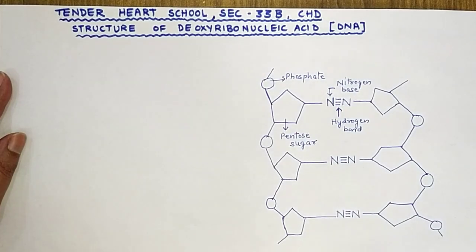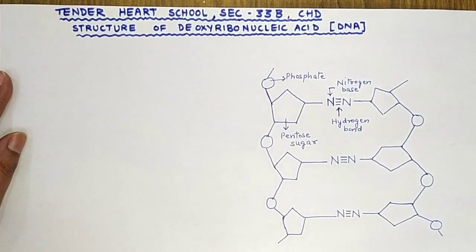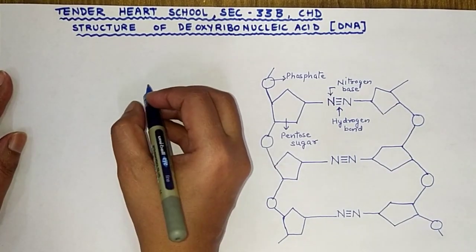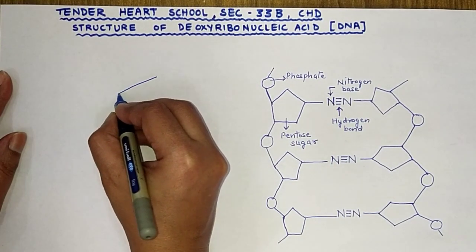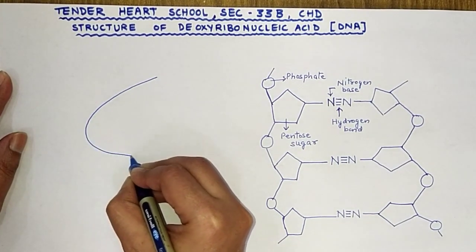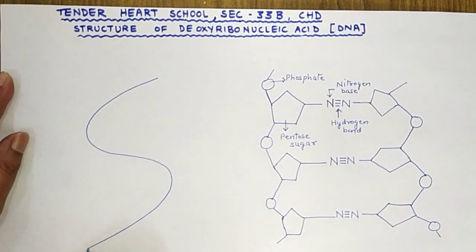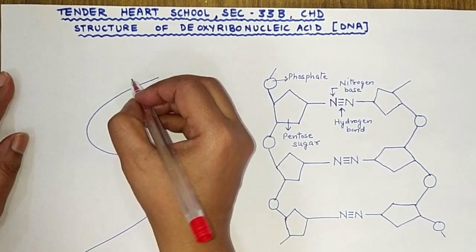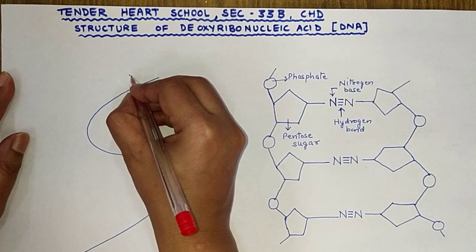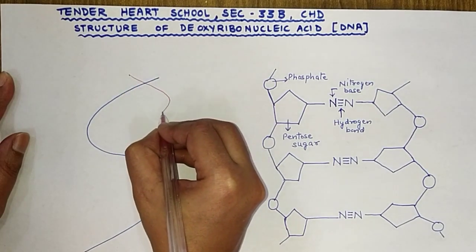Okay. Let us draw the double helix structure of DNA. So if I draw, it is something like one strand of DNA, right? And similarly another strand of DNA is there which is running parallelly.